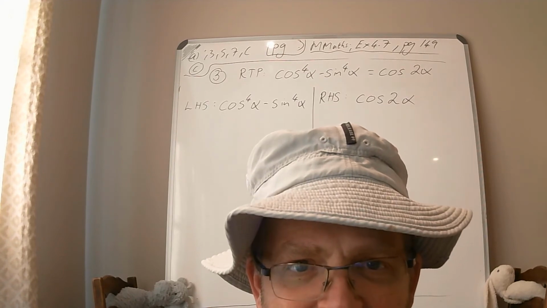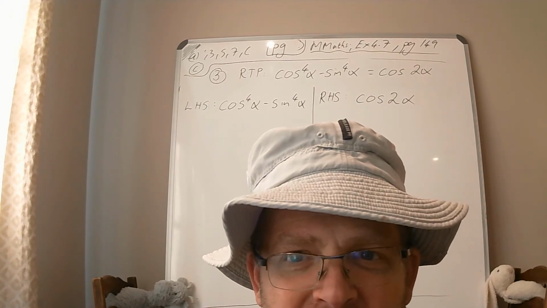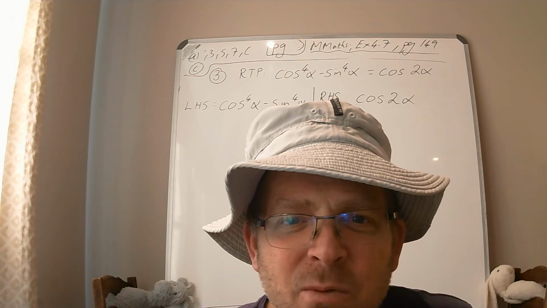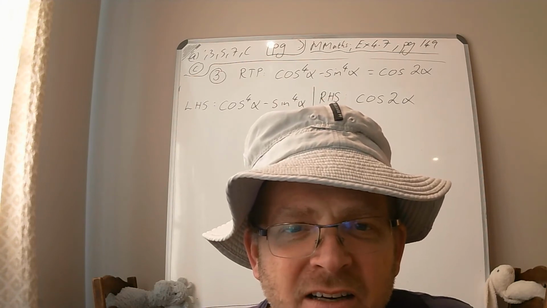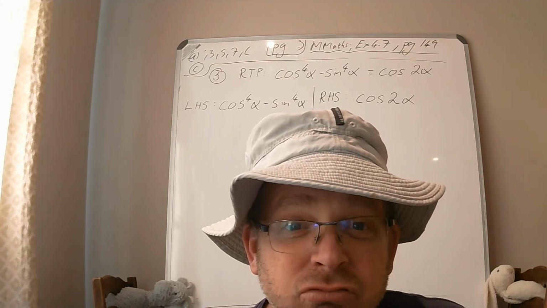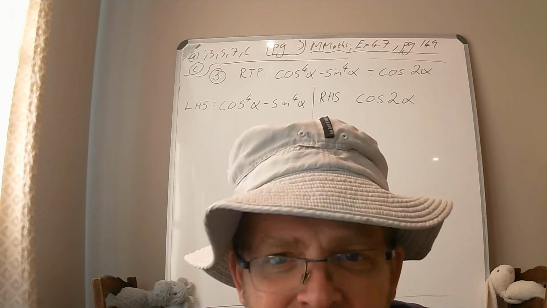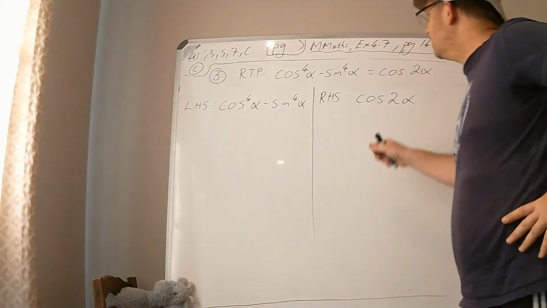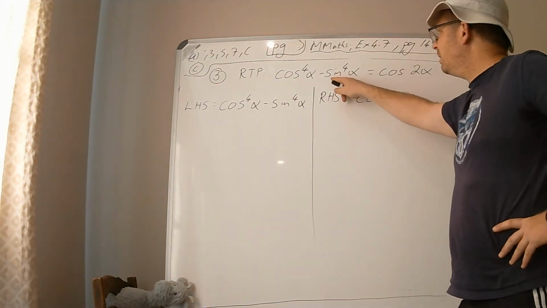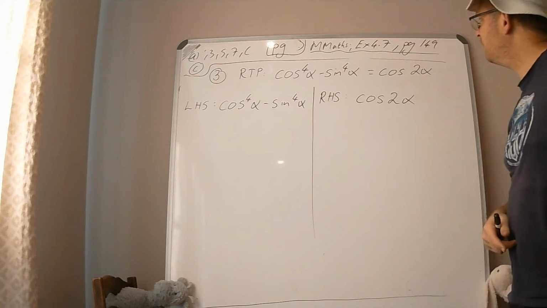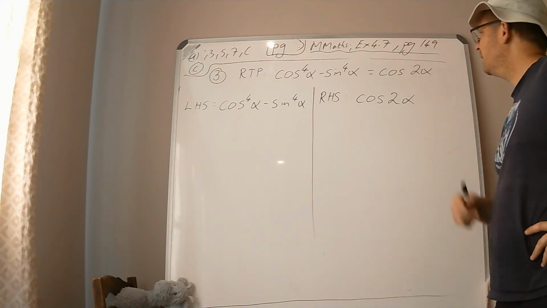Right, we are now going to do exercise 4.7, question A number 3. Give it a try, and then you can have a look at the solution. You are asked to prove that cos to the 4 alpha minus sine to the 4 alpha is cos 2 alpha.